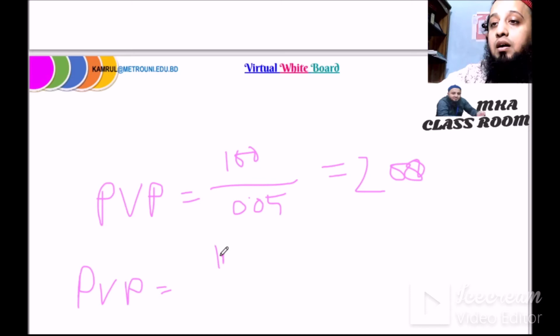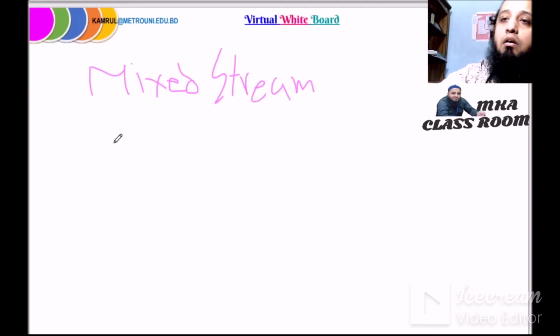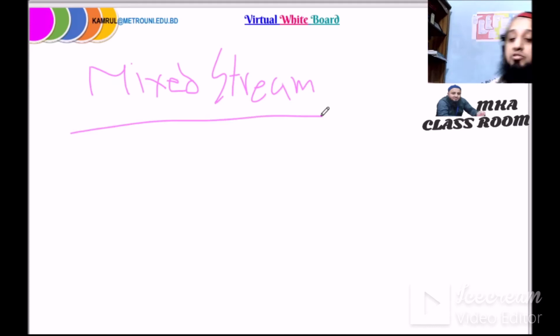Now we will see the mixed stream, which you can call uneven cash flows. Uneven cash flow streams are mixed streams, where the amounts are not equal.